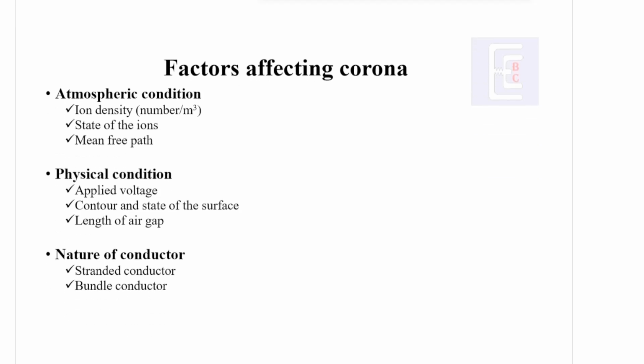Now next, coming to the factors affecting corona. What are the factors influencing corona? First of all, ion density. As I told you, more number of ions per unit volume will be helpful for corona to occur. Second, state of the ions, that means whether those ions are in excited state or in normal state. And number 3, mean free path.